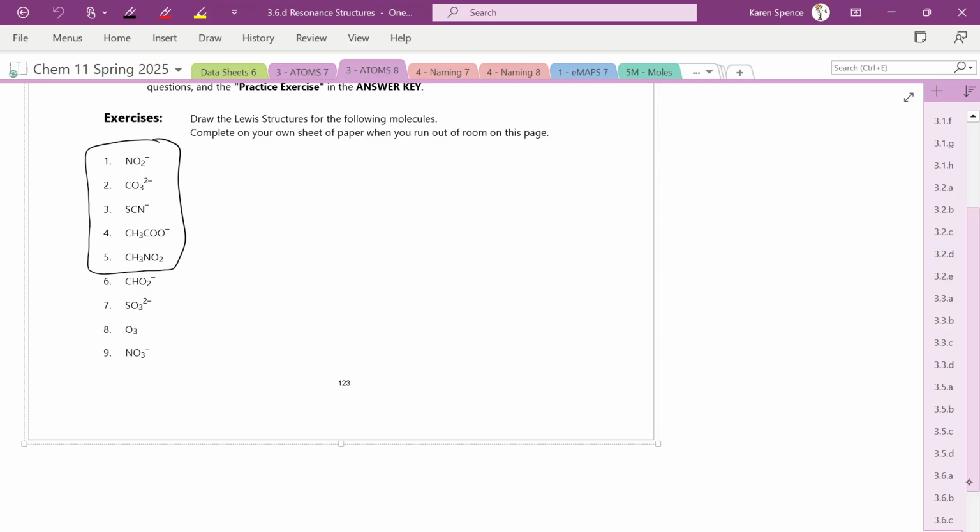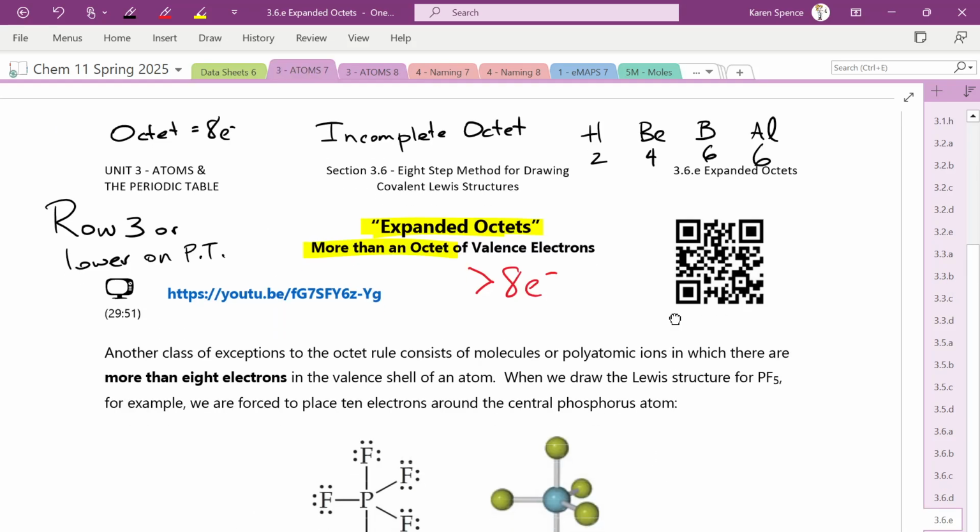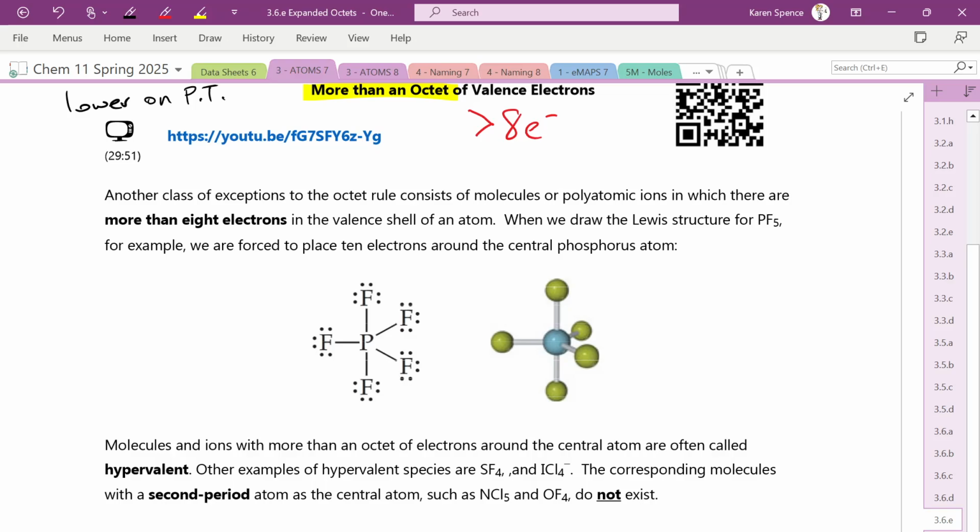So here we have PF5. Do you guys remember anything about fluorine and how it bonds? Fluorine can have how many bonds?